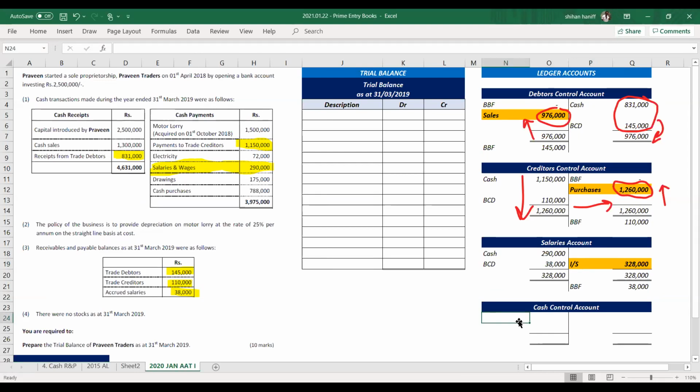Cash control account, all the receipts 4631, and all the payments you can credit.